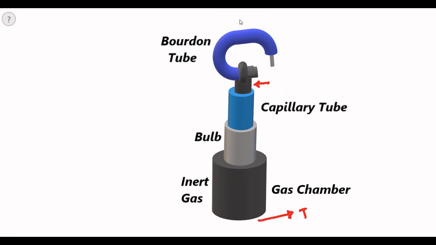Okay, it undergoes deformation, and as a result of this deformation, this rod, which is connected to a pointer scale arrangement or a secondary electrical transducer, gives us a proper temperature readout.